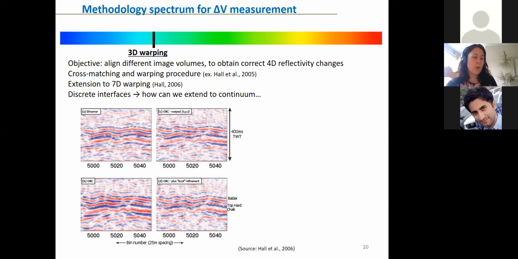But the issue, and that's what pushed the problem to other directions for solutions, is that you're not just interested in these discrete interfaces. You want to know everything about the velocity changes across your entire seismic volume. Okay, so the issue remains, how could we extend this type of warping into a continuum?